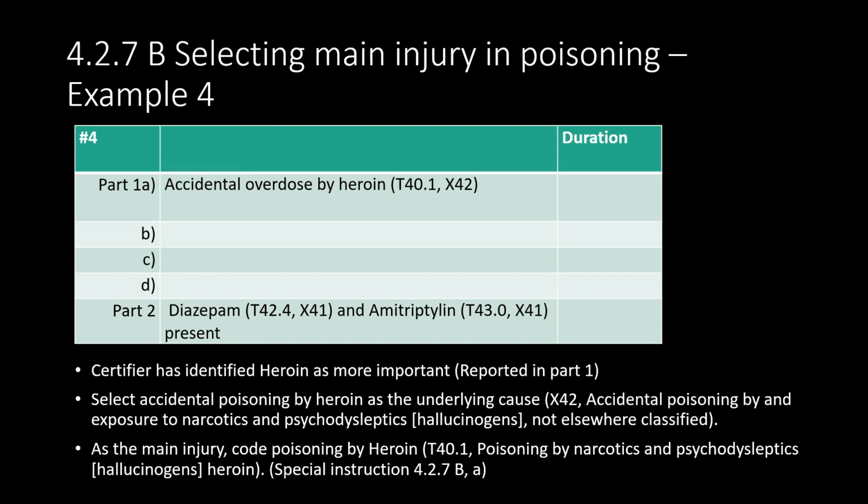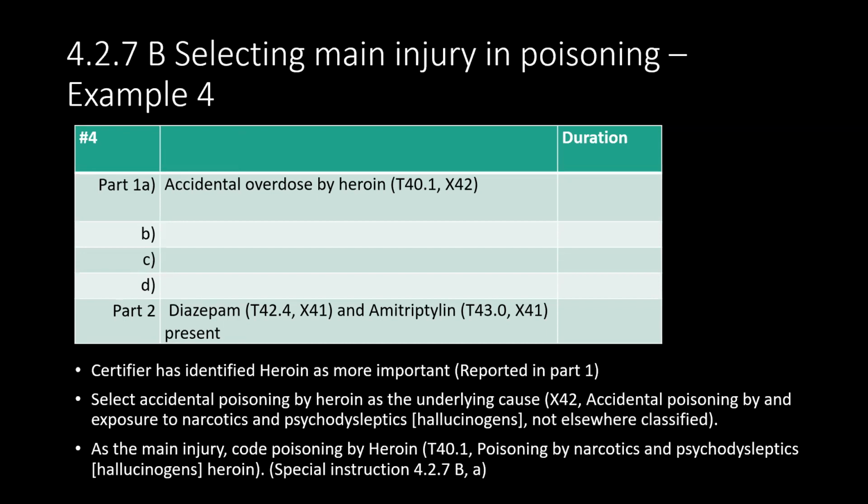Let's discuss an example on this. The certifier has identified heroin as most important, reported in Part 1: accidental overdose by heroin. And in Part 2, diazepam and amitriptyline have been reported. The certifier has identified heroin as most important because it is reported in Part 1.